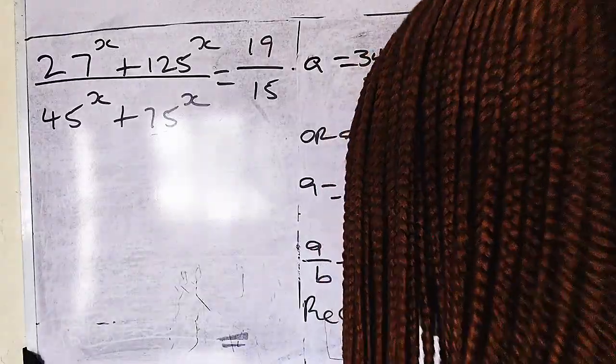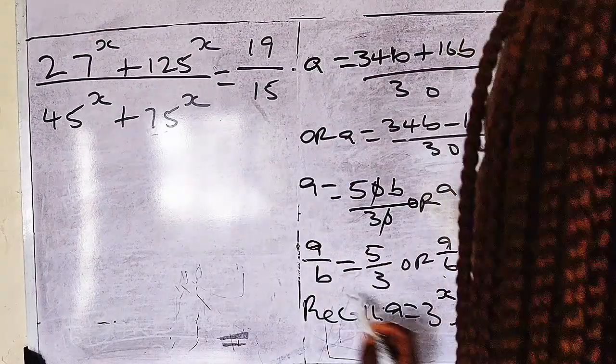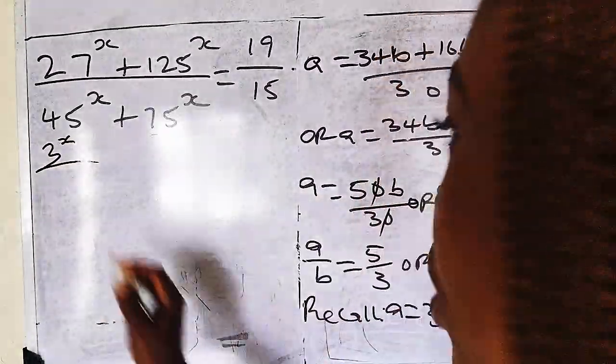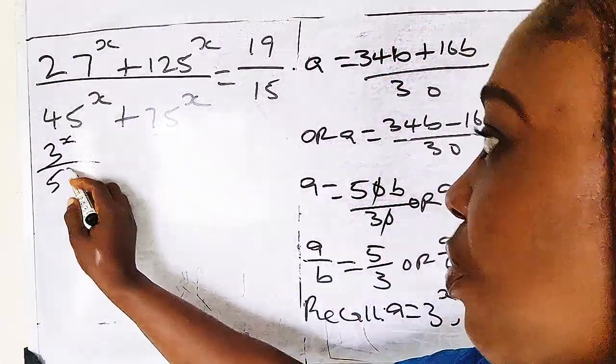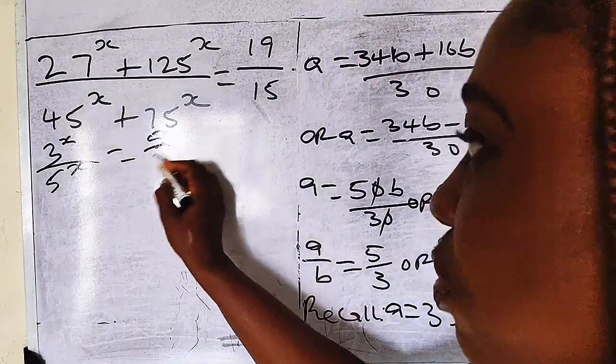So going forward, substituting A into our answers. Our A is 3 raised to power x. We have 3 raised to power x here, all over B, which is 5 raised to power x, is equal to 5 over 3.